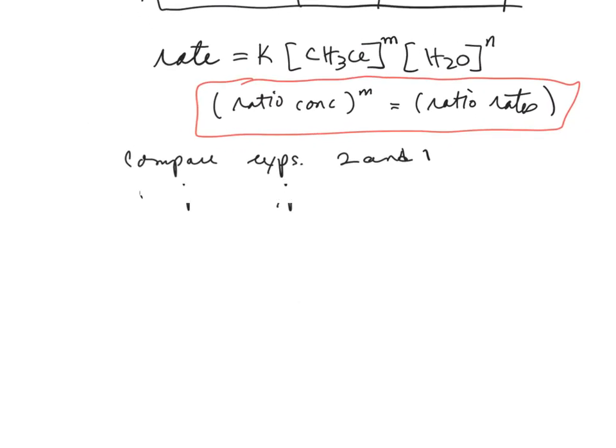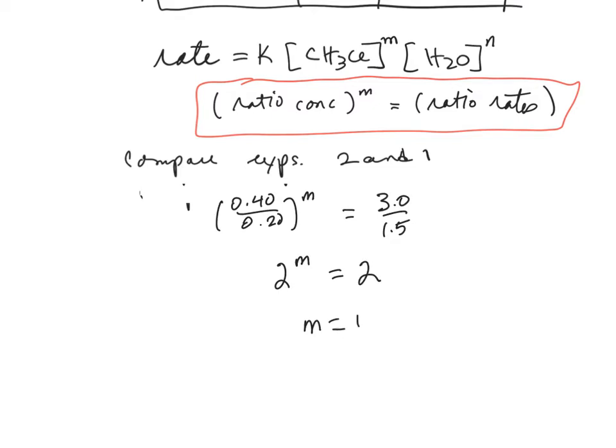So using that equation, we'll say 0.40 divided by 0.20 raised to the power m is equal to 3.0 divided by 1.5. So we're going to get 2 to the power m is equal to 2. Therefore, m has to be 1.